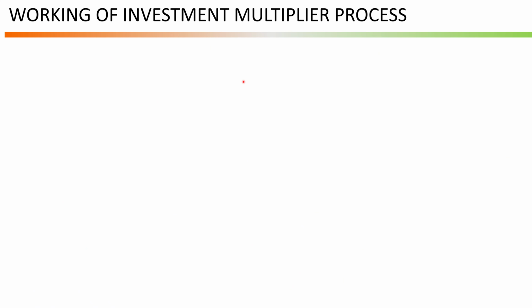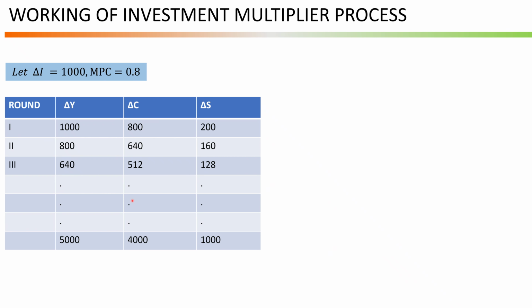Working of investment multiplier can be illustrated with the help of a schedule. In this schedule, we see that in round 1, delta Y is equal to delta I. That is, additional income is equal to the initial additional investment in the economy.